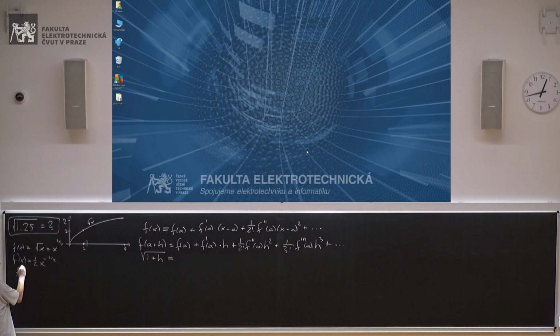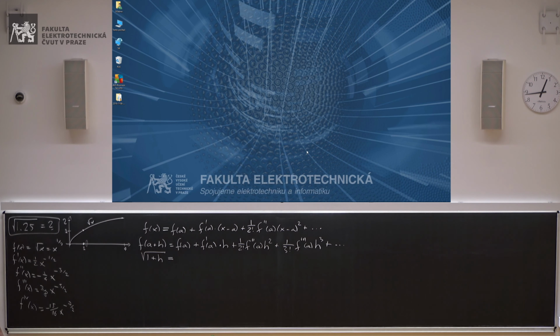The second derivative is negative 1/4 x to the negative 3/2. And the third derivative is 3/8 x to the negative 5/2. The fourth derivative is minus 15/16 x to the negative 7/2.